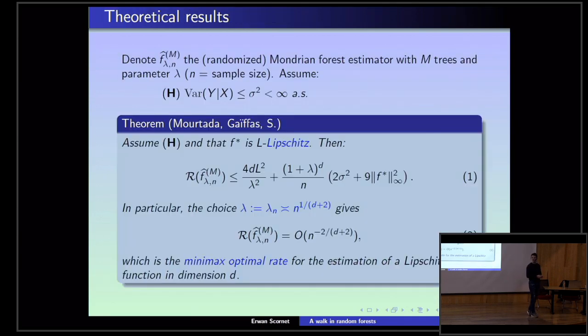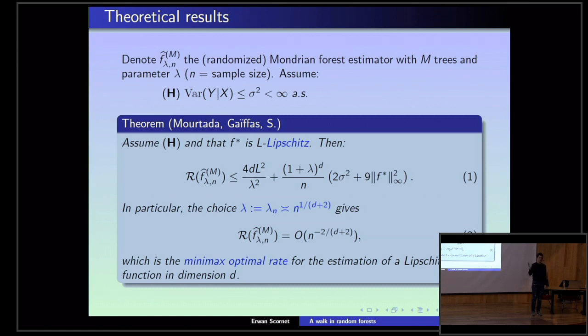And then what you can ask is what is the rate of consistency for this partition. And it turns out that the main result is that if you consider a random forest, the random forest is reaching the optimal rate for Lipschitz functions. So if you assume that your true function m is regular enough, meaning Lipschitz, then the rate of consistency here for Mondrian forest is the best one you can imagine.